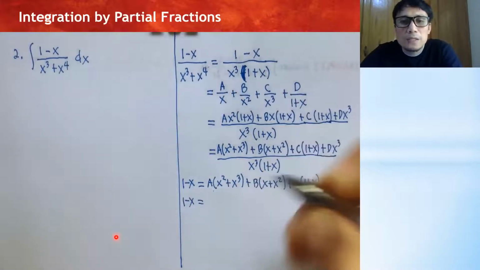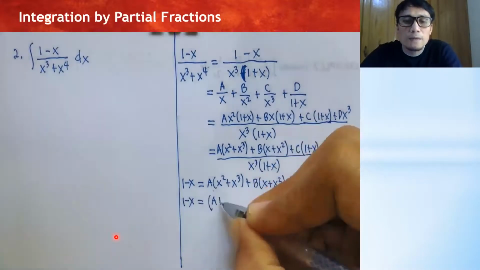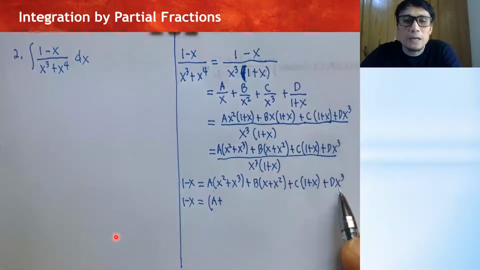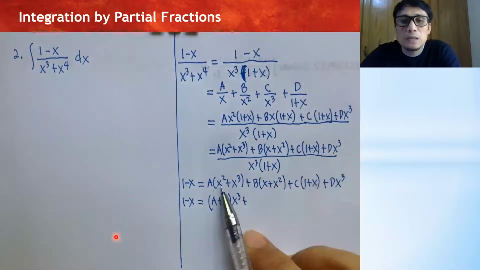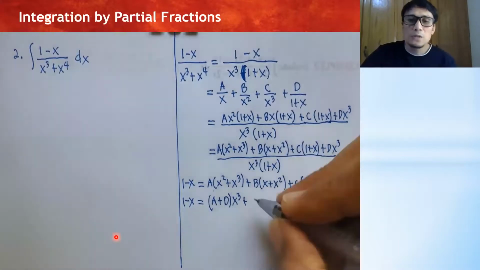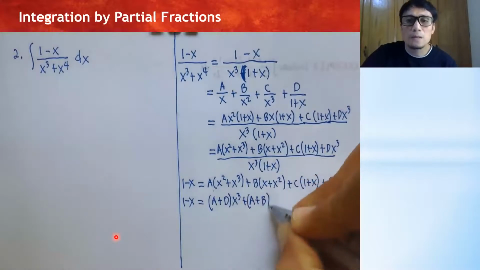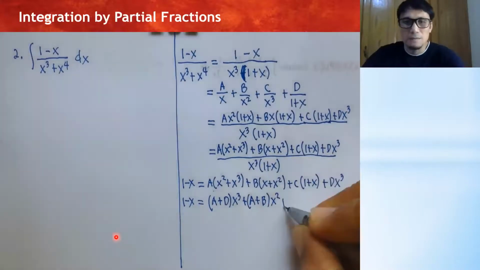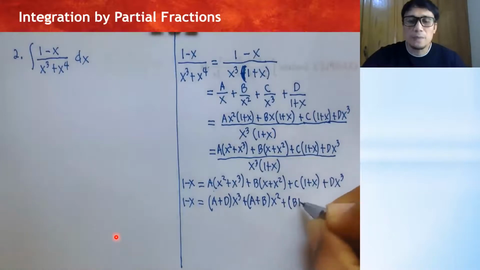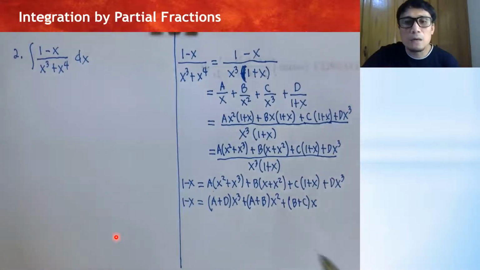So 1 minus x equals dx cubed and ax cubed, so we have a plus d times x cubed. For x squared, we have ax squared and bx squared, so we have a plus b times x squared, and then those terms with x, we have b and c, so b plus c times x, and then the constant term, we only have one, which is c.